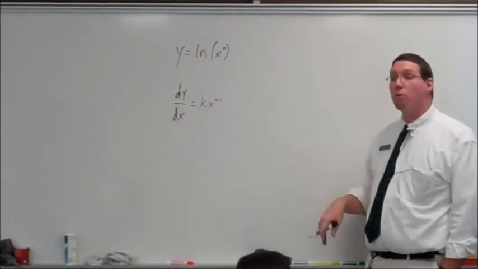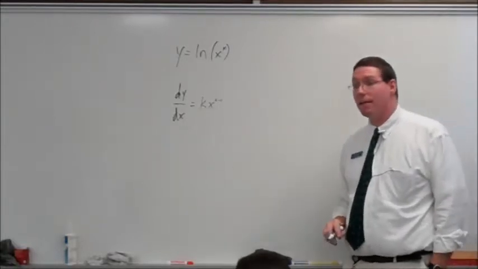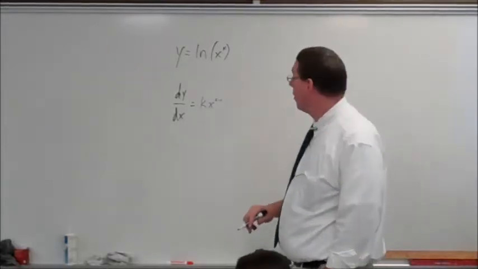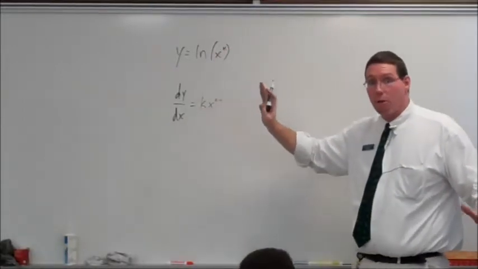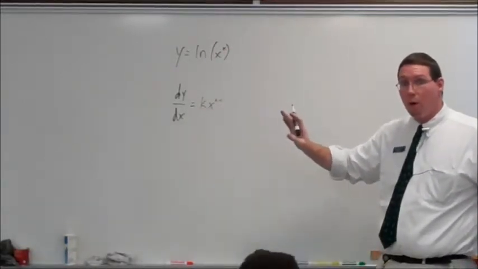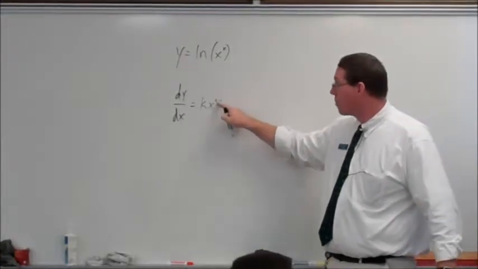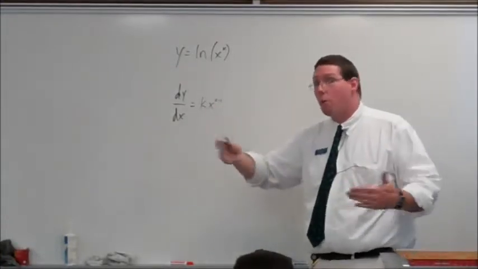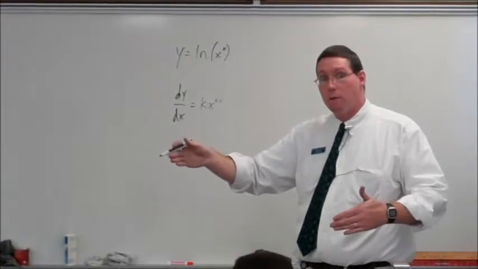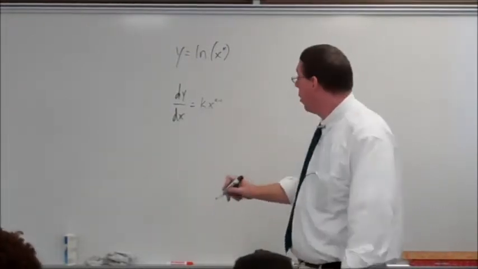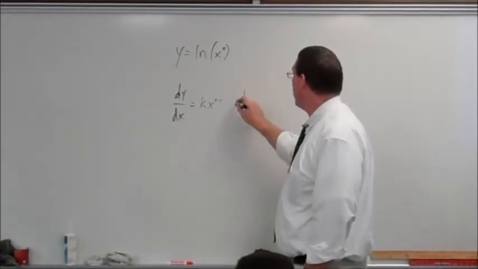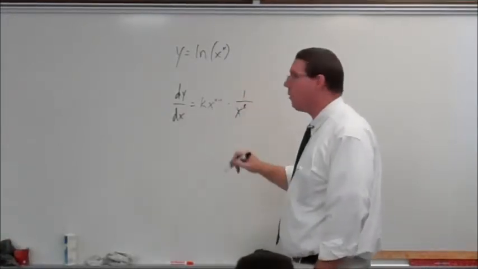I'm doing a general rule for any value of k. Why is it minus 1? Because we always subtract 1 from the exponent in the power rule. We don't know what k is going to be equal to. We know it's a constant, but we don't have a value for it, so to represent the exponent, we have to do k minus 1. Times 1 over x to the k power.